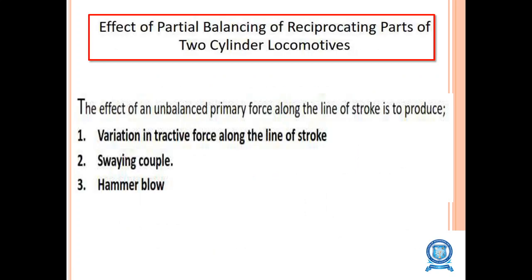The effect of unbalanced primary force along the line of stroke produces: first one, variation in tractive force; second one, swaying couple; and third one, hammer blow. These are the effects of the unbalanced primary force along the line of stroke.